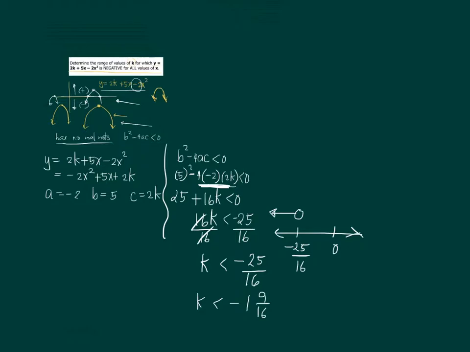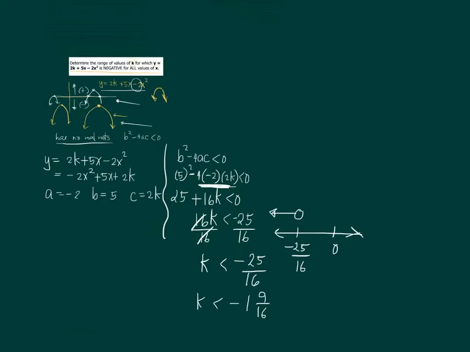With that, we were able to say that b squared minus 4ac should be less than 0 because the equation has no real roots. From there, we just work on b squared minus 4ac less than 0 until we simplify the inequality and produce k less than negative 1 and 9/16, or approximately less than negative 1.5.